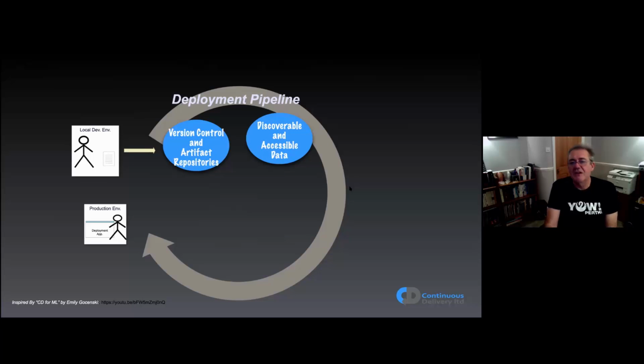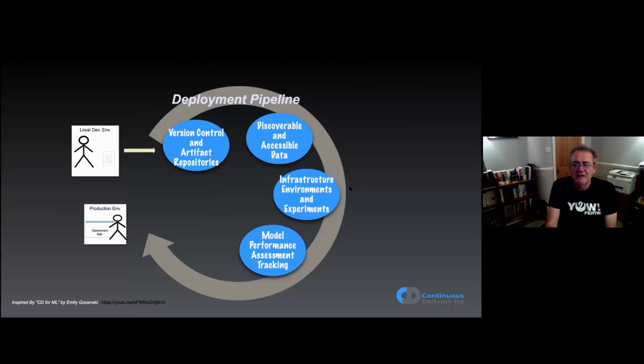We'd like to be able to have our training materials and our targets really usefully version controlled. And we want to have the infrastructure for environments and experiments repeatable and use infrastructure as code techniques to be able to do that. We want to be able to encode model performance and assessment tracking. We don't want that to be ad hoc. We want to think about that, design it, use engineering principles to be able to collect that information. And we want to have model monitoring and observability in production so that we can learn from these things.